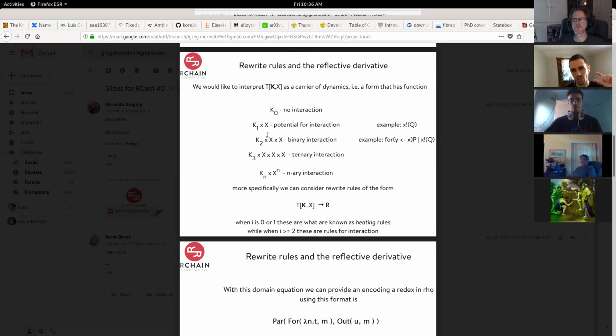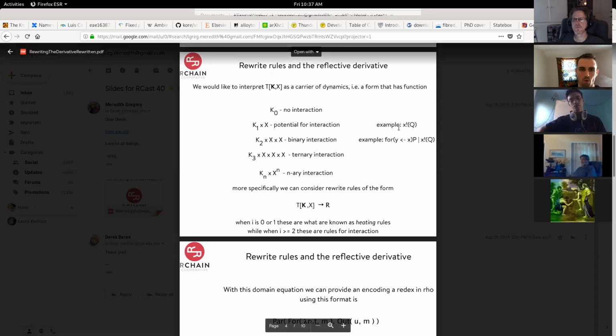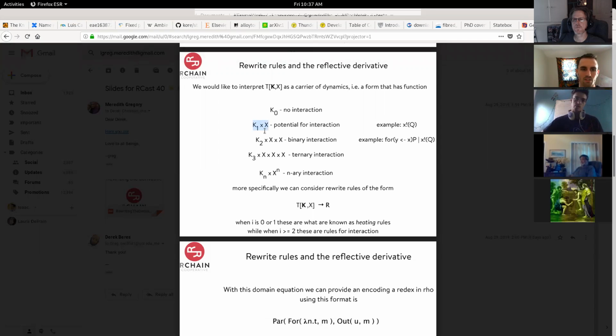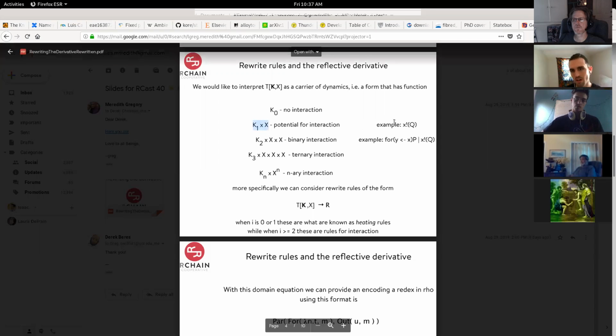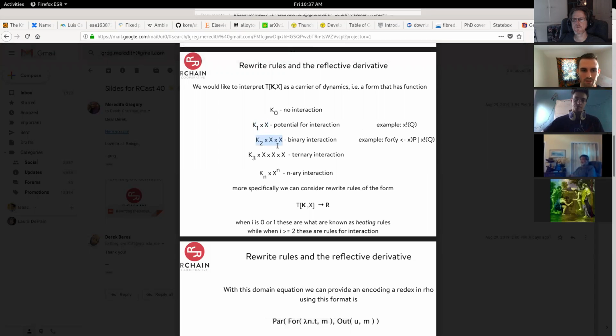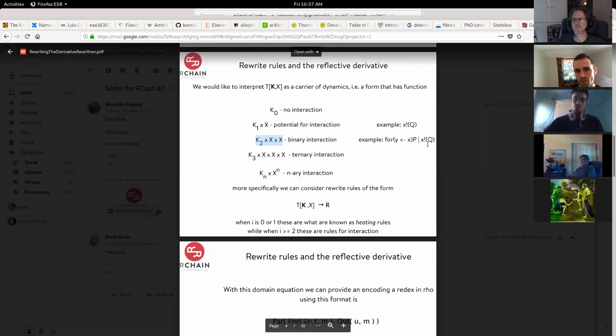So like the pipe in a BNF style, whereas this cross here, I think, is literally representing the par operator. So I think this K1 cross X is like one thing in par with itself, but this is just a single process, of course. Whereas something like this K2 cross X is like two things in par with each other.